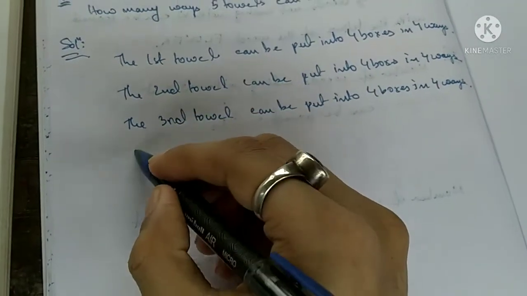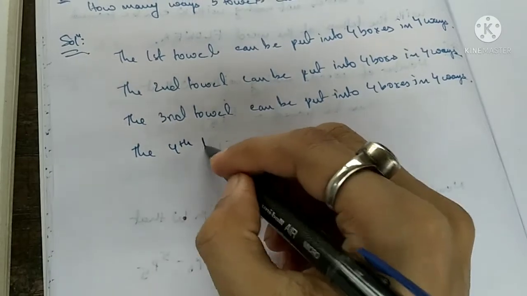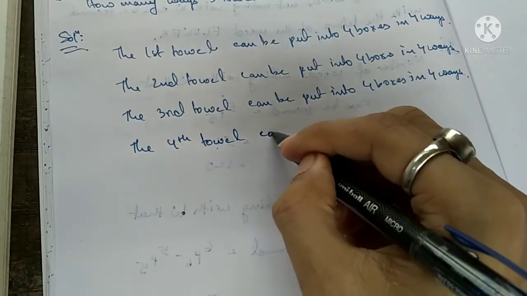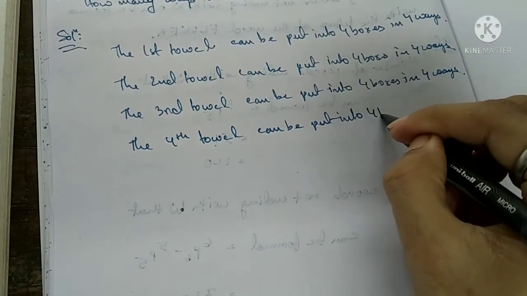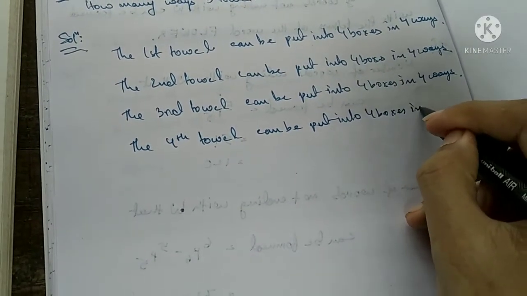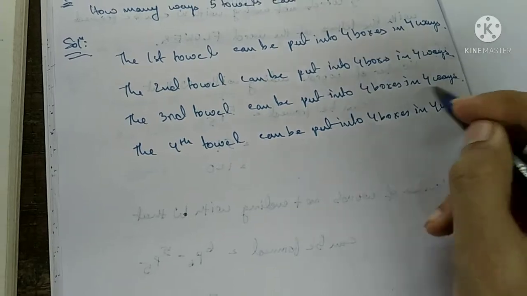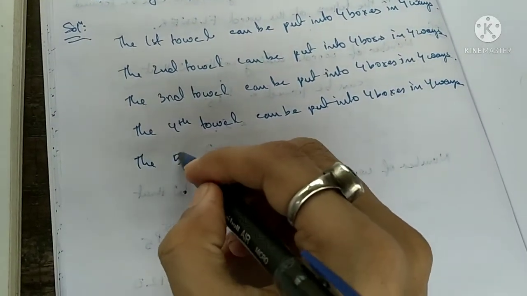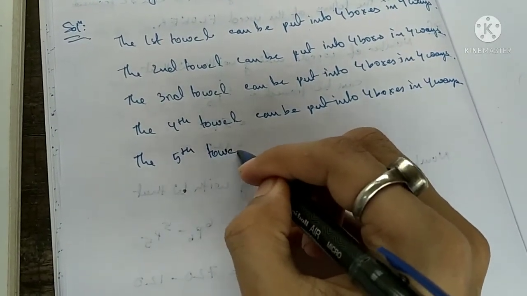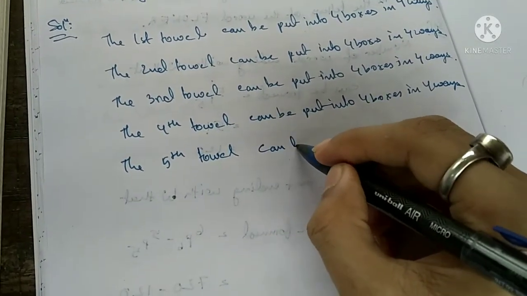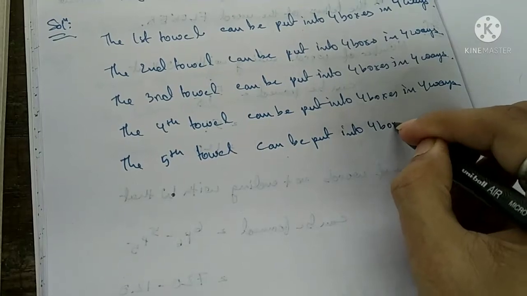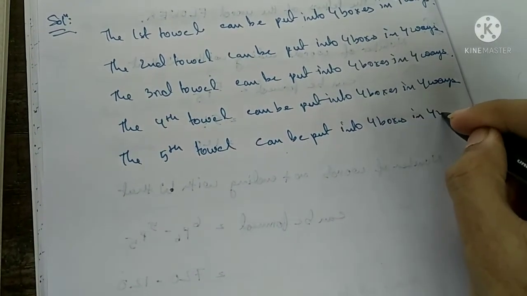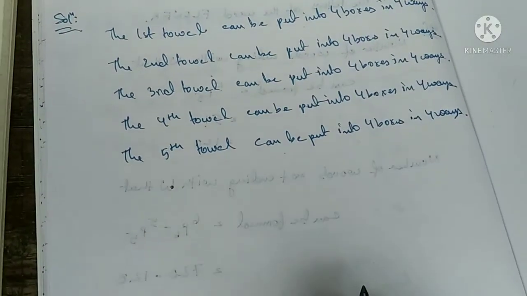And then the fourth towel can be put into 4 boxes in 4 ways. And the last, the fifth towel, can be put into 4 boxes in 4 ways.